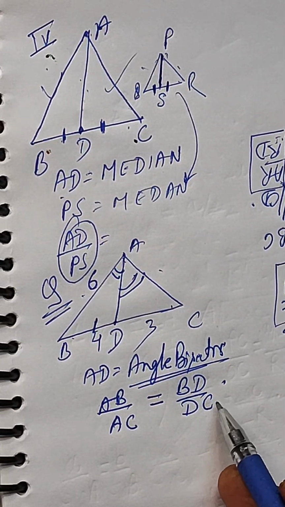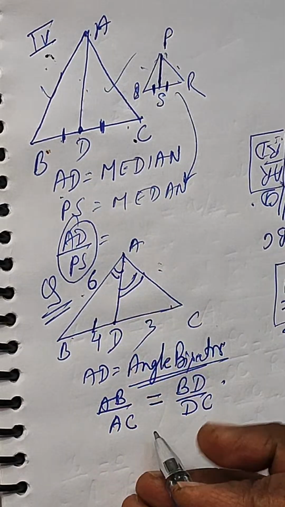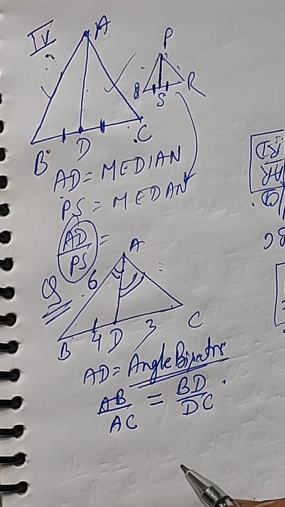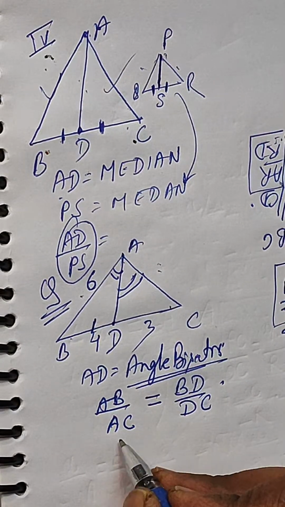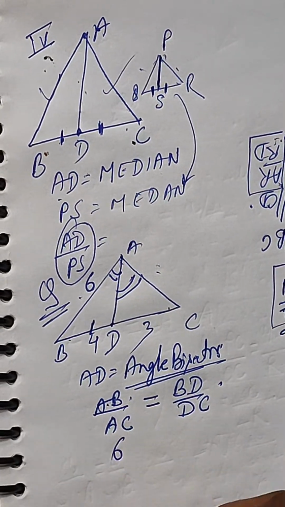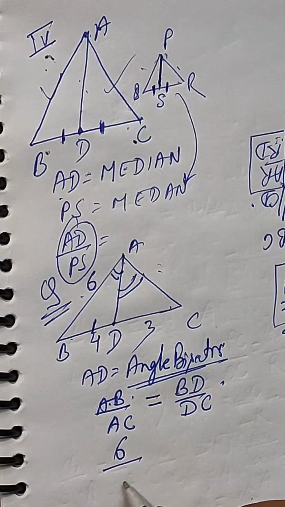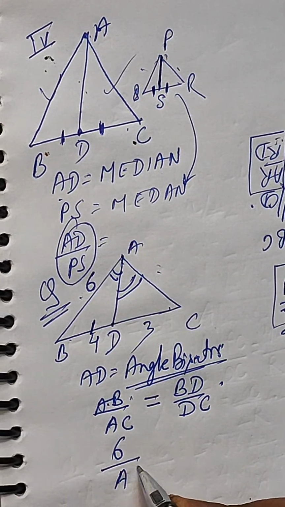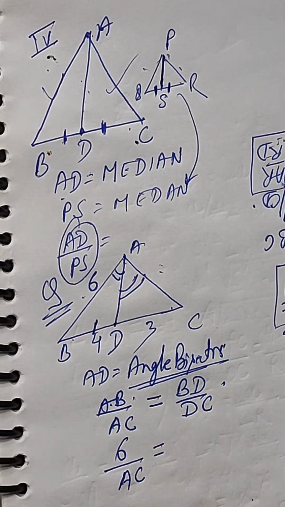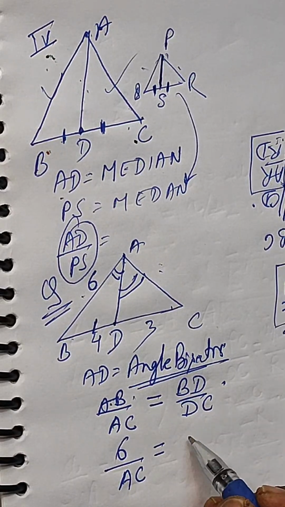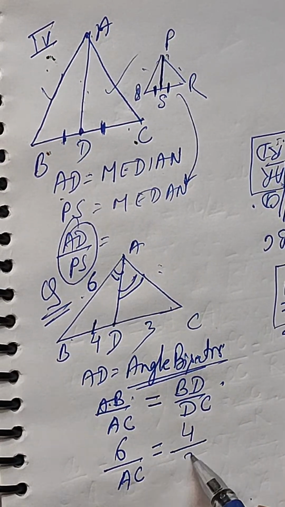We have seen this theorem, right? So just put in the values. AB is 6, AC needs to be calculated, this will act as a variable, and BD will be 4 and CD will be 3.